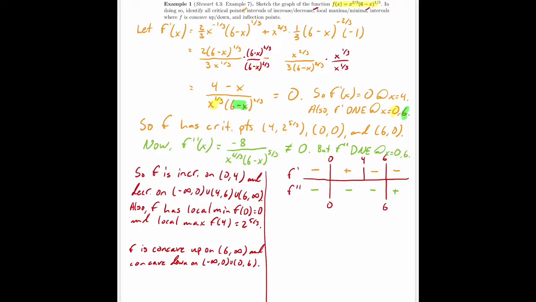Also, f has one inflection point, (6, 0). Note that (0, 0) is not an inflection point because the second derivative is negative and then continues to be negative afterwards. So f does not change concavity there. So (0, 0) is not an inflection point.